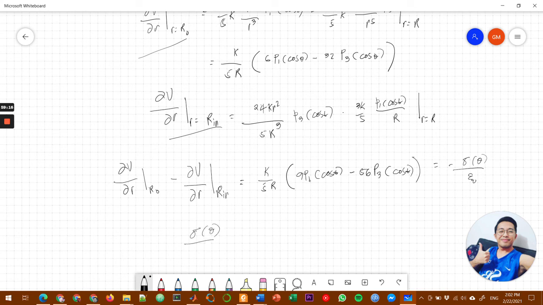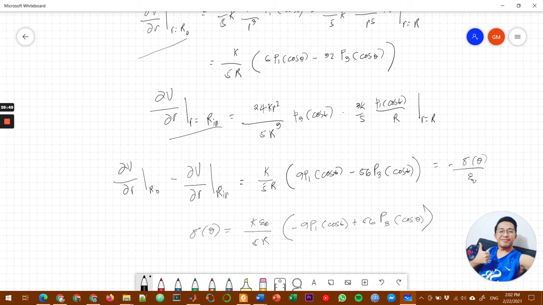Sigma is just positive k epsilon naught over 5R times negative 9 P1 of cosine theta plus 56 P3 of cosine theta.